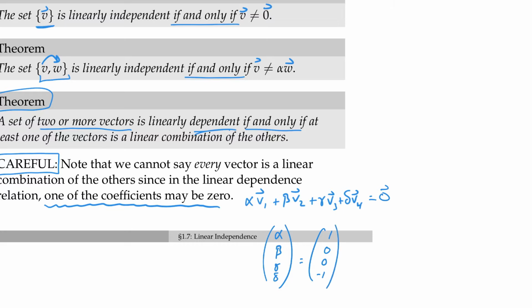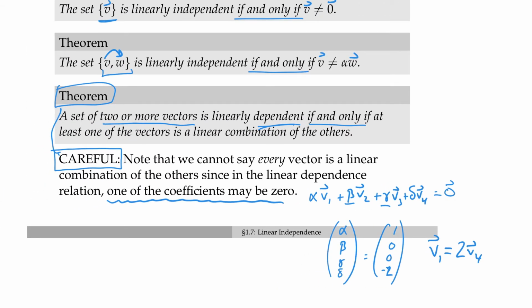Now, if that is the solution, then what I'm really saying here is V1 equals, actually make this a 2, V4. Because the weights on beta and gamma are both 0, it's impossible for me to solve for V2 or V3. So it's going back to here. We're not saying that every vector here can be written as a linear combination of others, just at least one.